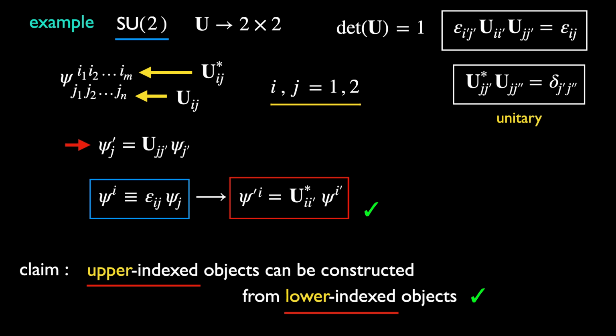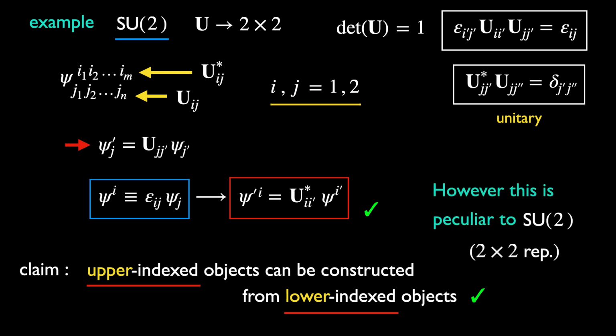This is why in lecture 23, where we have constructed higher angular momentum states out of spin half states, no distinction is made of upper or lower indices and the different ways which they transform under rotations. We need only one type of index for SU2. However, as we shall see, this feature is peculiar only to SU2.